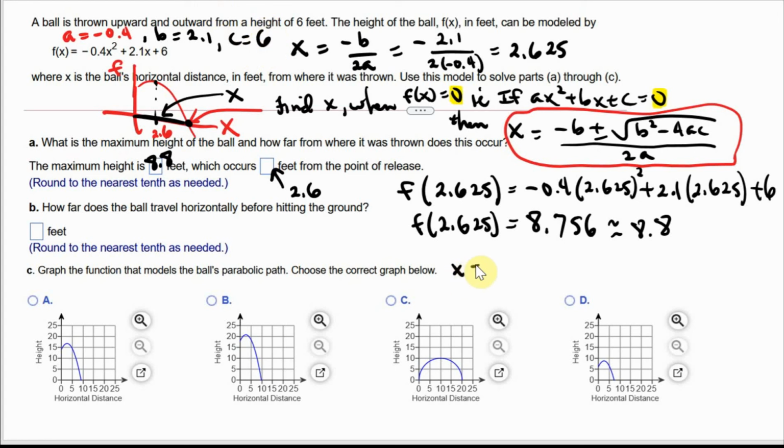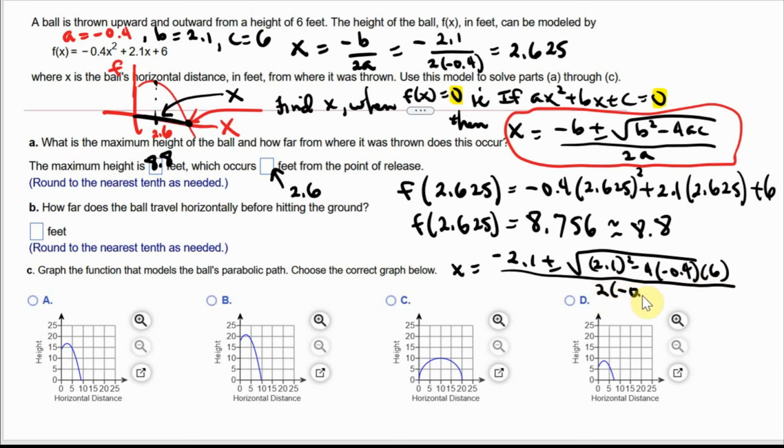So we get x is equal to, space is running out, so negative B, negative 2.1, plus or minus the square root of the 2.1 squared minus 4 times A, that's negative 0.4, times C, so times 6, and that's going to be all over 2 times a. That's 2 times negative 0.4.